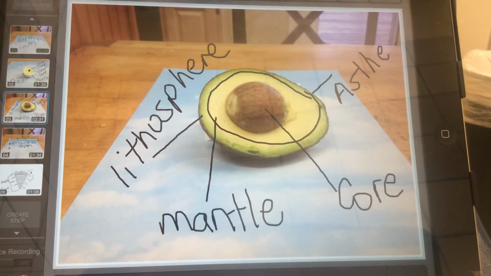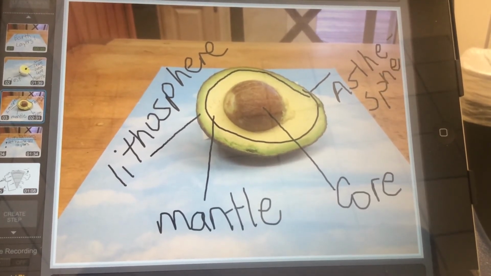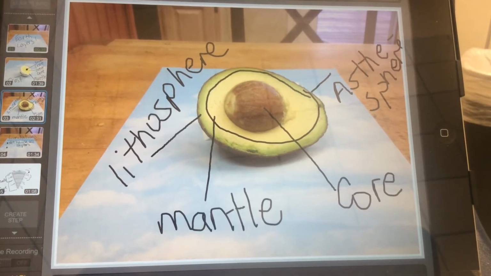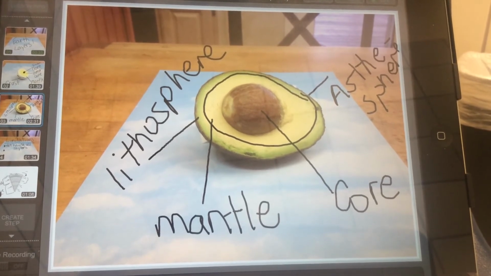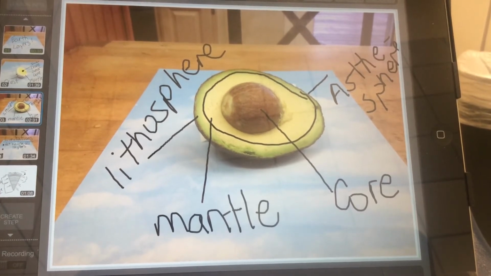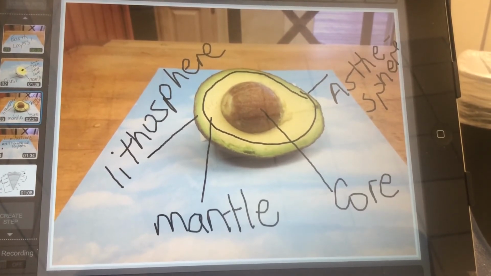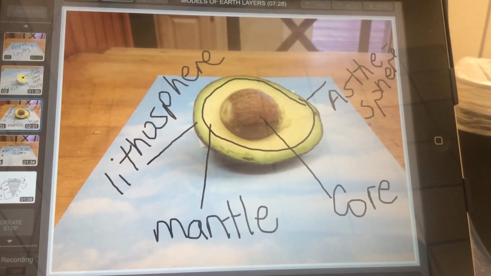And the asthenosphere is not going to fit here, but that's okay. The asthenosphere is the part that the lithosphere floats on top of. The asthenosphere is not a solid and not a liquid, but a very, I guess we could call it a semi-solid. So this avocado has a few more layers than the egg that we could show you.